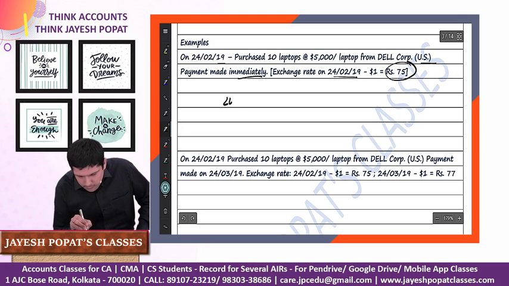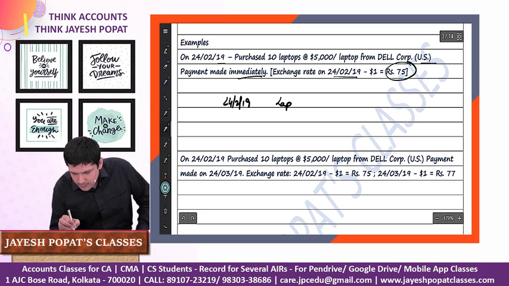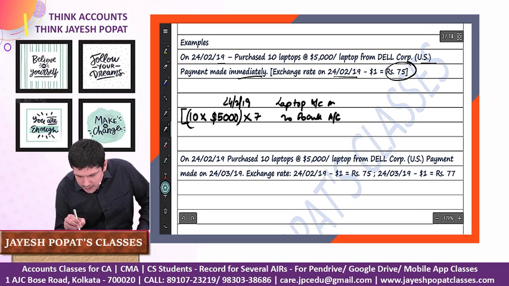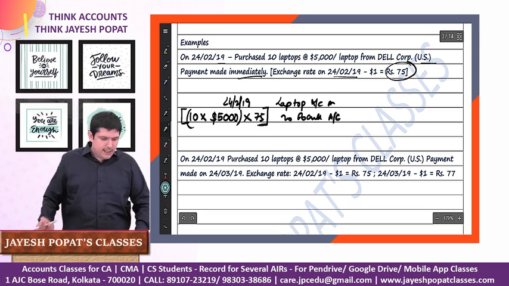So on 24th of February 19, we will say laptop account debit to bank account because the settlement has been made immediately. We have purchased 10 laptops. Cost of one laptop is $5,000 and the exchange rate on this particular day is 75.